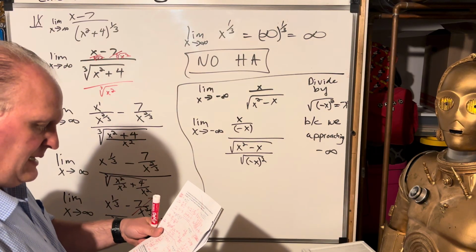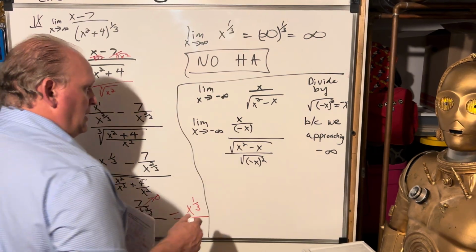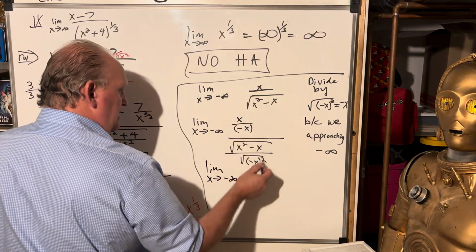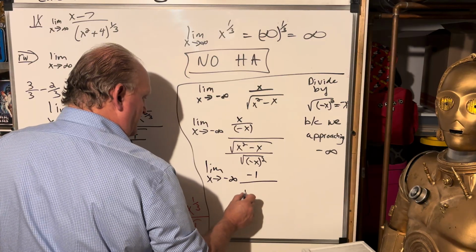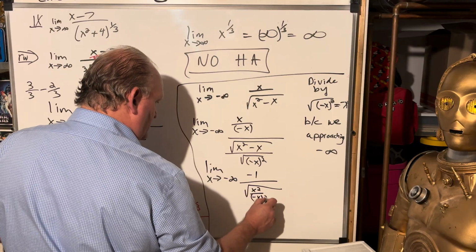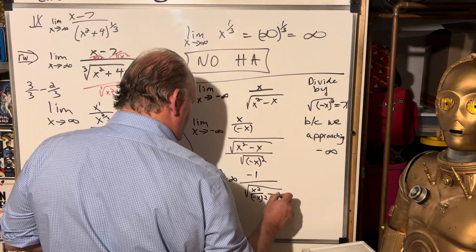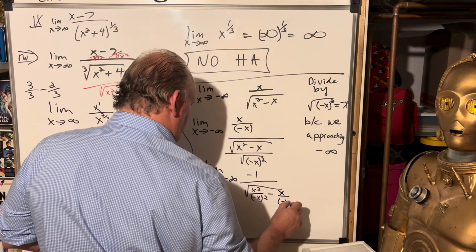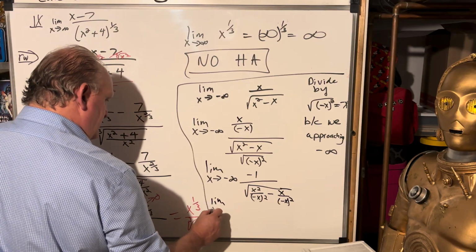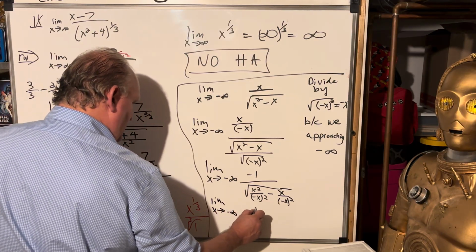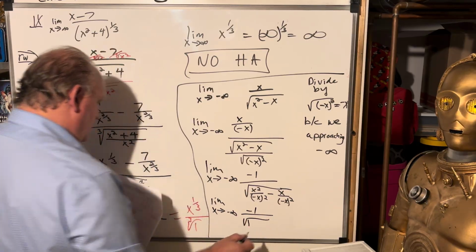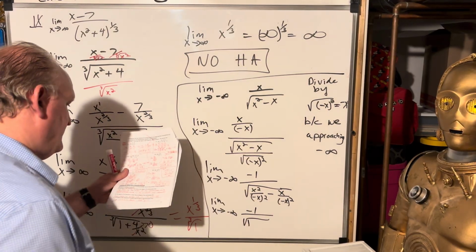All right, and so now when we do this, we end up with the limit as x approaches negative infinity of -1 over the square root of x squared over negative x squared minus x over negative x squared. And so the limit as x approaches negative infinity is -1 over the square root of 1. So that's still 1 because the squared makes it positive.